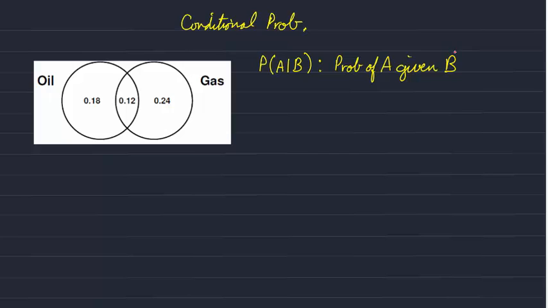Oftentimes people refer to B as the evidence. So for example, if the butler is a suspect in a crime corresponding to A, what is the P of A given B?